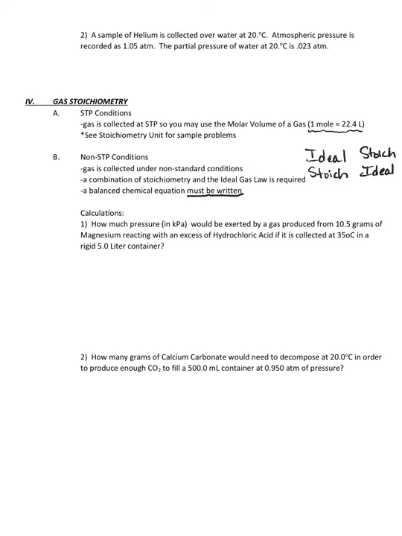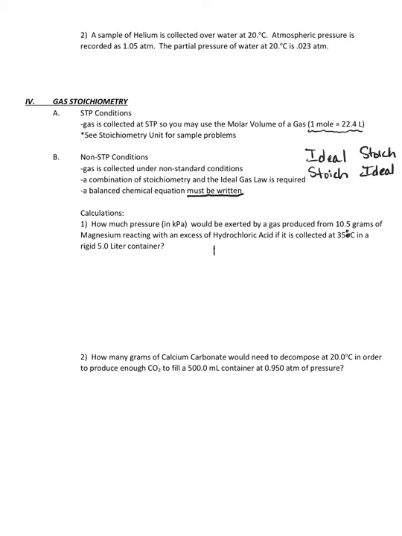So, our first sample problem. How much pressure would be exerted by a gas produced from 10.5 grams of magnesium reacting with an excess of hydrochloric acid if it's collected at 35 degrees Celsius in a rigid 5.0 liter container? So we first have to write a balanced chemical equation.